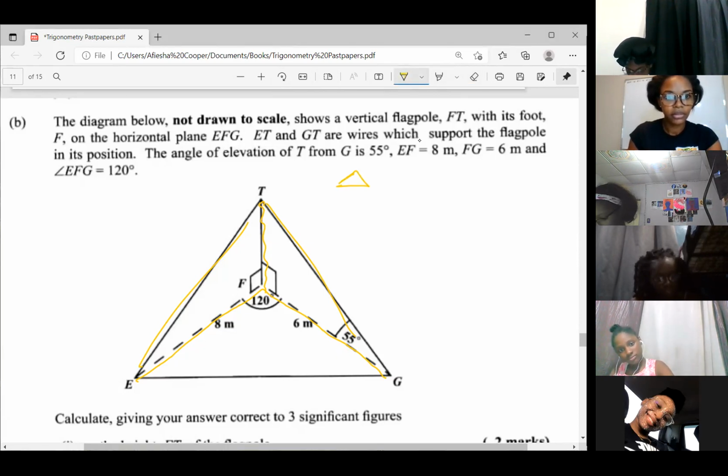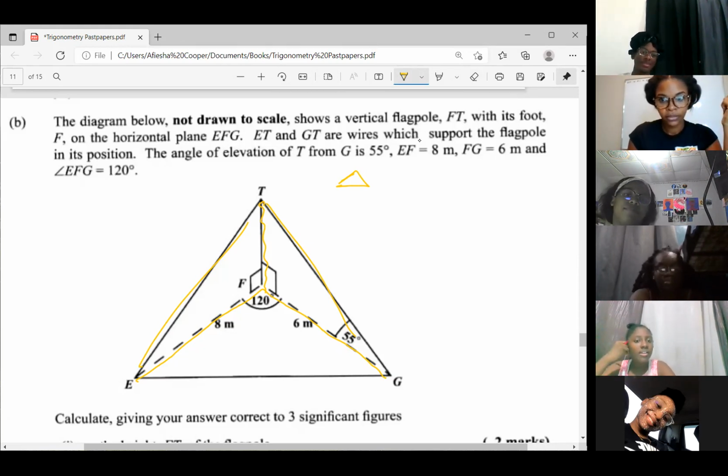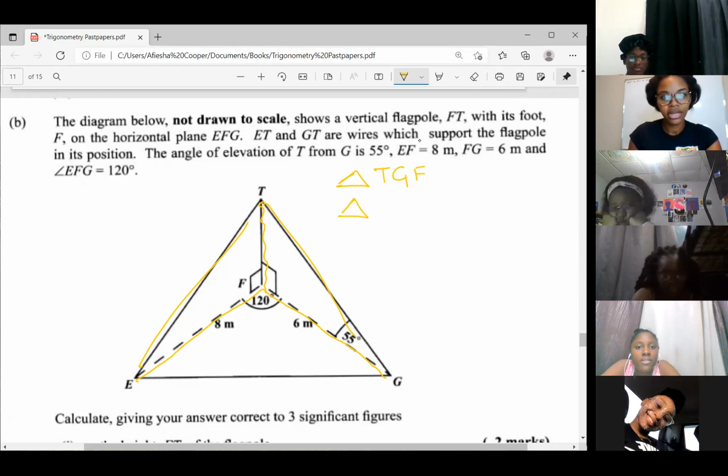Give me a triangle. Come on, give me triangles, please. TFG, TGF. Another triangle is ETG.